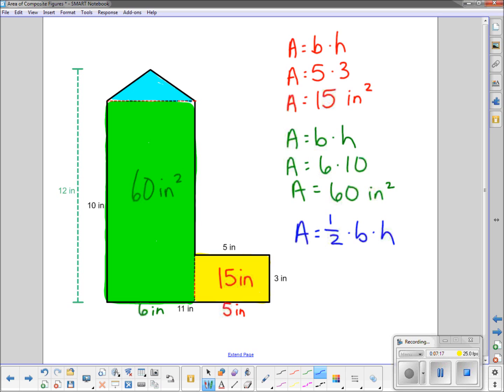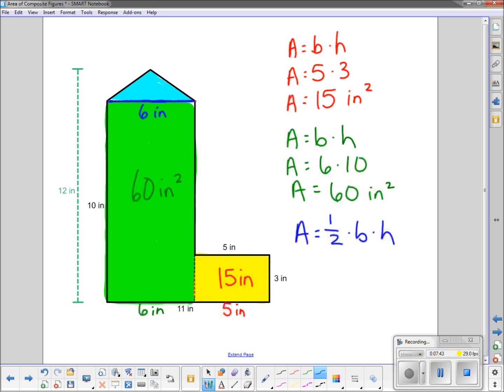Because I know that the base of the green rectangle is the exact same distance as the base of the blue triangle, I know that my distance across my base is going to be 6 inches. Remember, opposite sides of a rectangle are the same length.